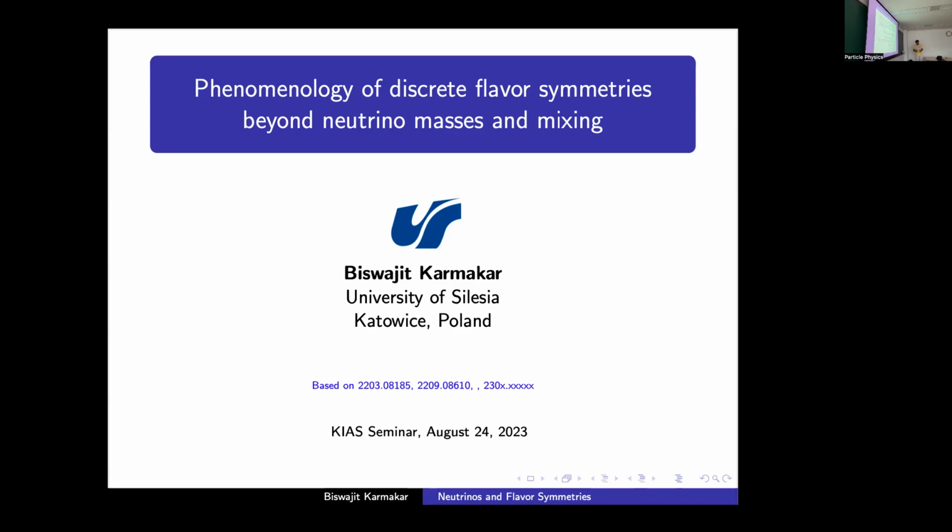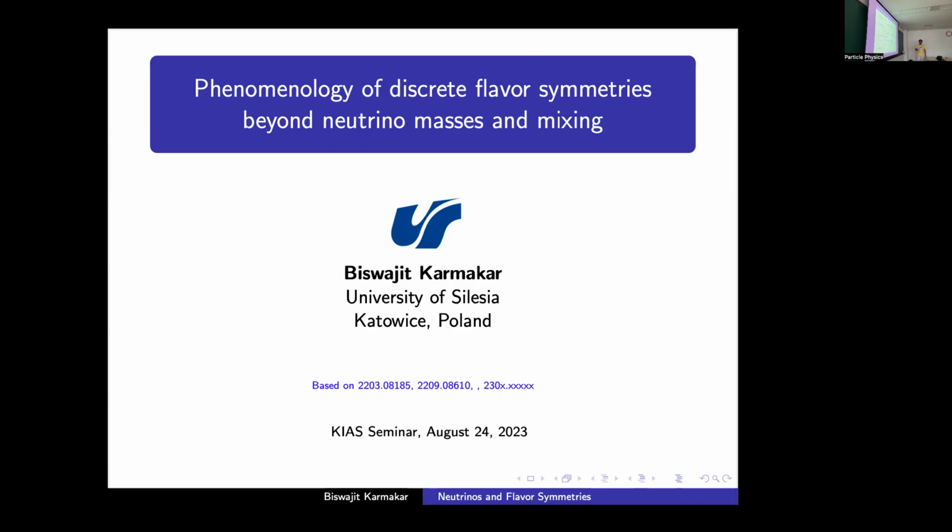So tribimaximal mixing is not only ruled out by neutrino oscillation data, as it is in conflict with θ13, it is also in conflict with the observed lepton asymmetry of the universe. If you want to incorporate lepton asymmetry, this is not sufficient. So this is also one way to look at it, that we need something beyond tribimaximal mixing.